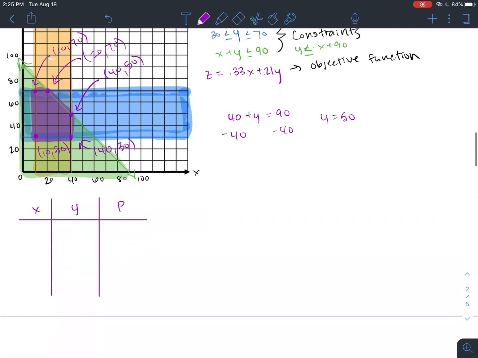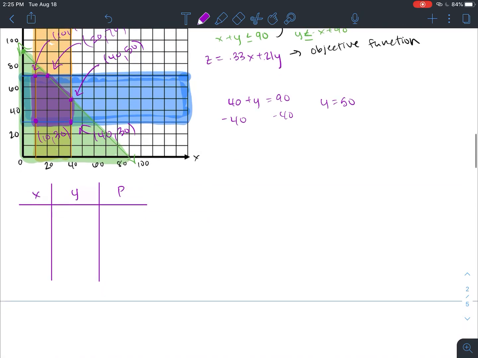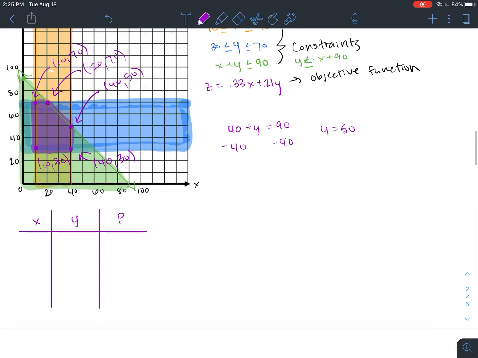Okay, so let's go ahead and add our table values in here. We said there's a point at 10, 30, at 40, 30, at 40, 50, at 10, 70, and at 20, 70.